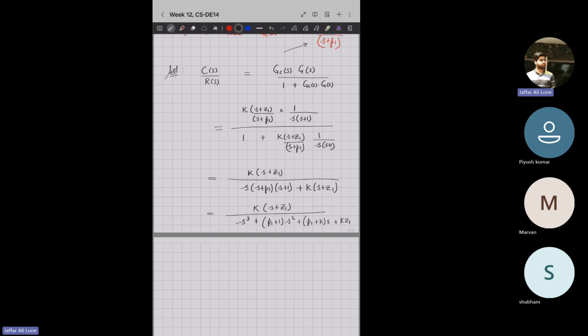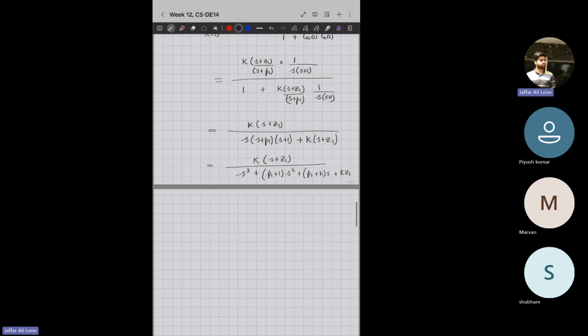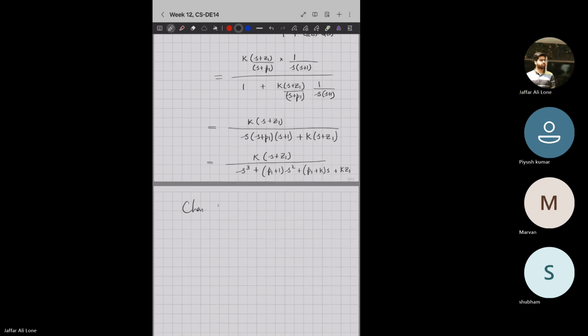Okay, so we got the characteristic equation. So our characteristic equation from the transfer function is s cube plus p1 plus 1 into s square plus p1 plus k into s plus k into z1 equal to 0.